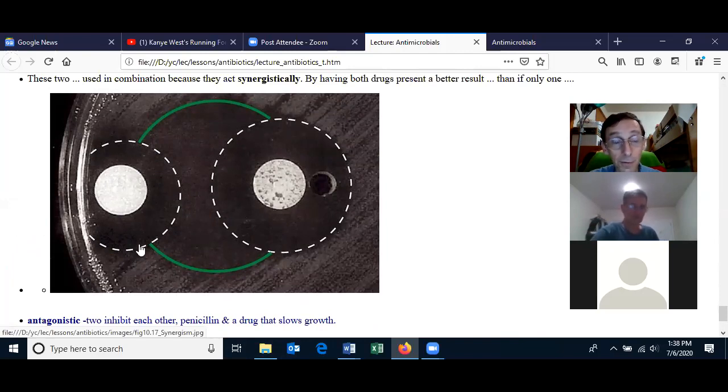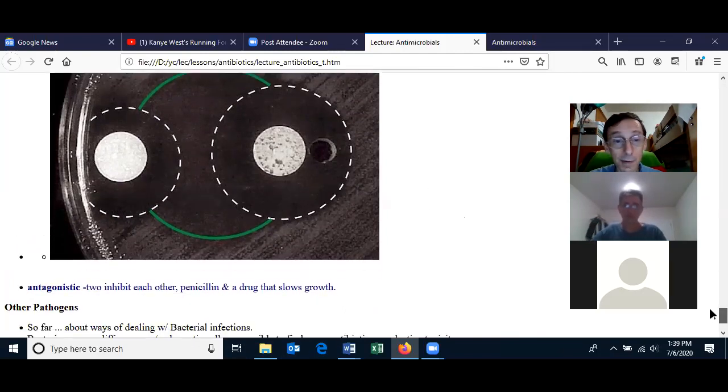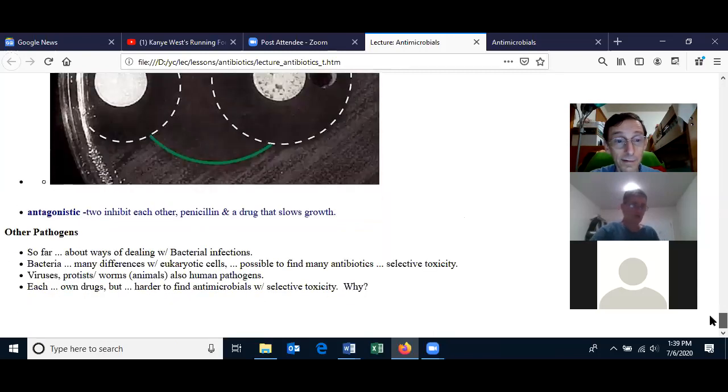Finding two that work synergistically, like trimethoprim and the sulfa drugs, that's more rare. Only a few antibiotics work together synergistically. All right. Any questions about anything?